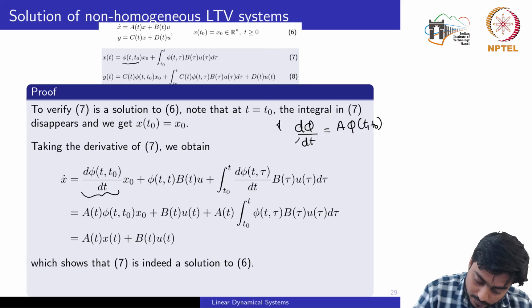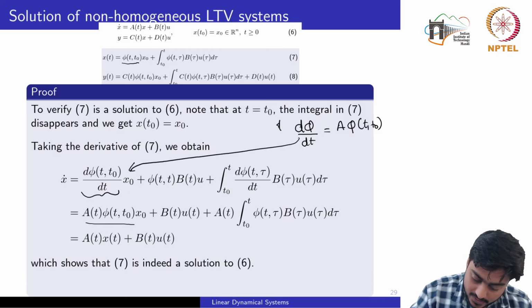So if we put this here, we get phi t comma t naught into x naught. Phi t comma t is basically the identity matrix, so it would go away, and B t u t plus, similarly we could replace here as well, and then this part would remain.